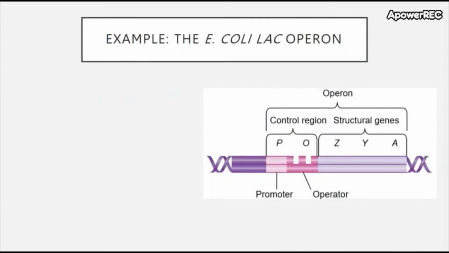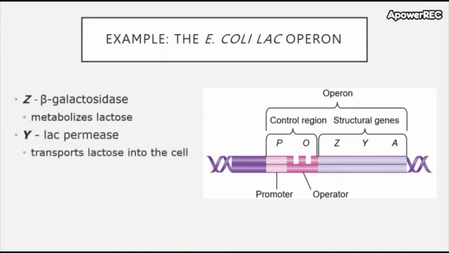The most commonly studied or discussed example of this is the lac operon in E. coli. It encodes for beta-galactosidase, which metabolizes lactose. That is encoded by the gene Z. It has the Y gene in its operon, which encodes for a lac permease, and this transports lactose into the cell.